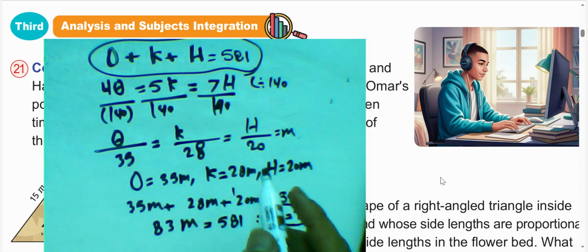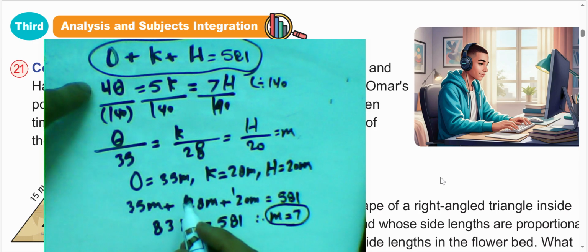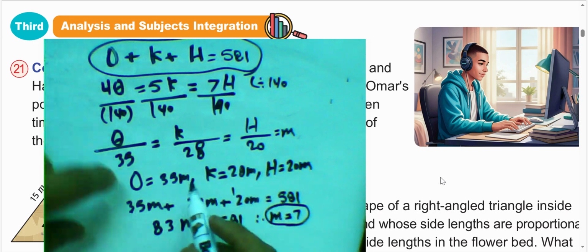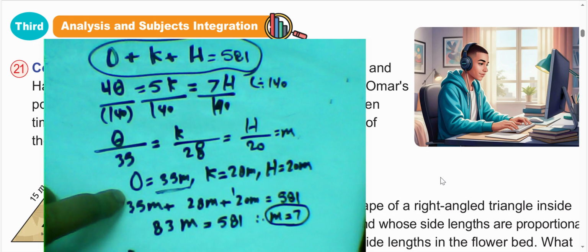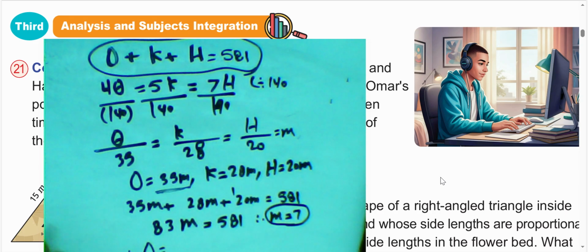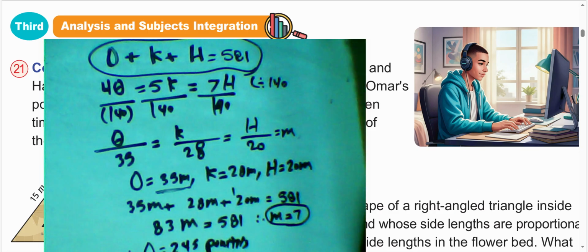So we can find the points of Omar. Omar was 35m, so the points of Omar will be 7 times 35, equal to 245 points. Omar takes 245 points.